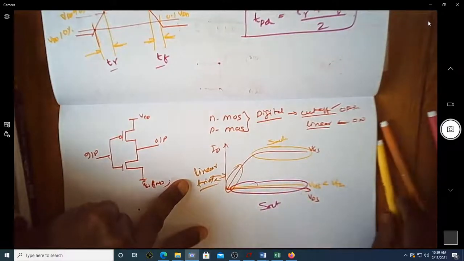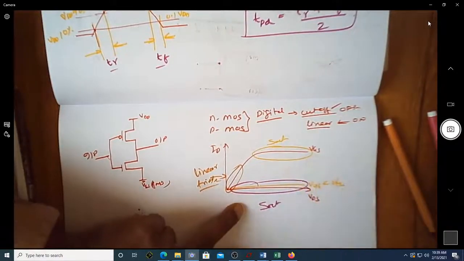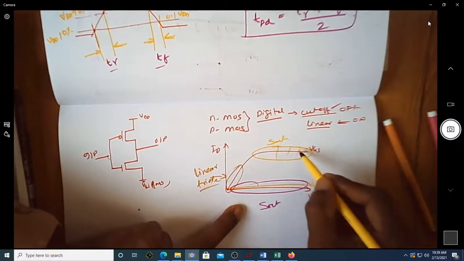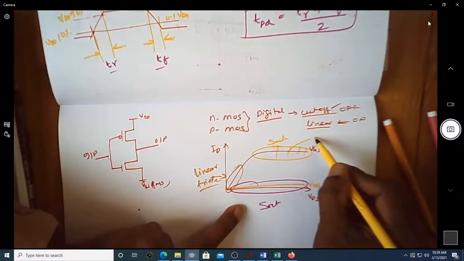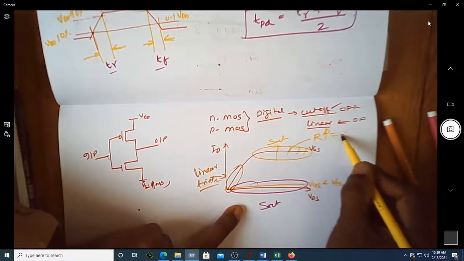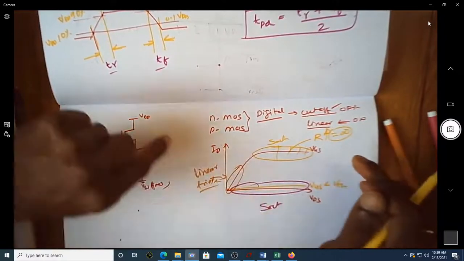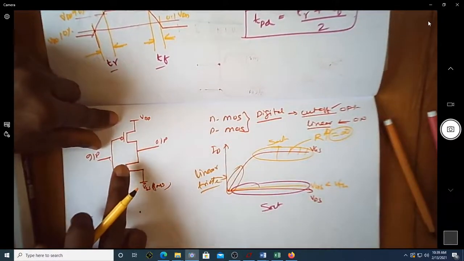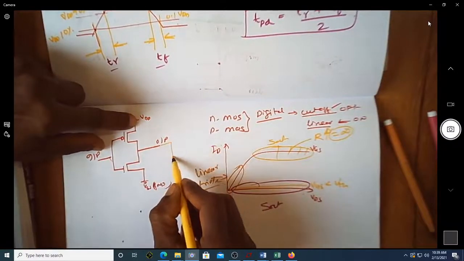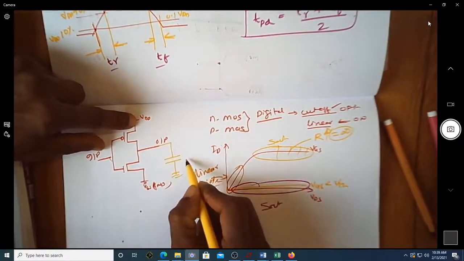So when we have these three regions of operation, the MOSFET is not recommended to operate in saturation region, because saturation region corresponds to a resistance of very large value, ideally infinite, which is not recommended for a MOSFET that is part of your inverter. Assume you have a load capacitor CL.